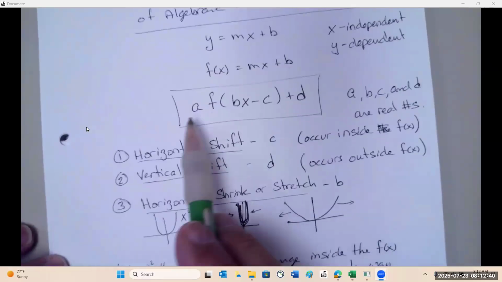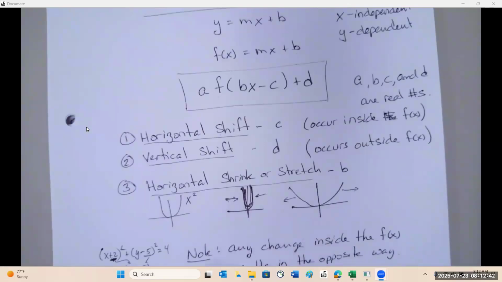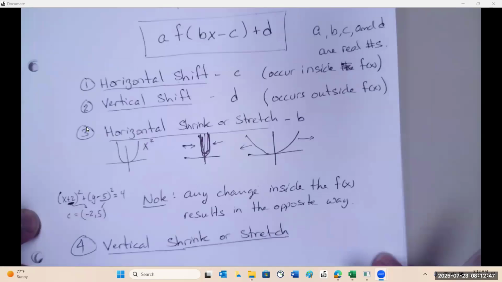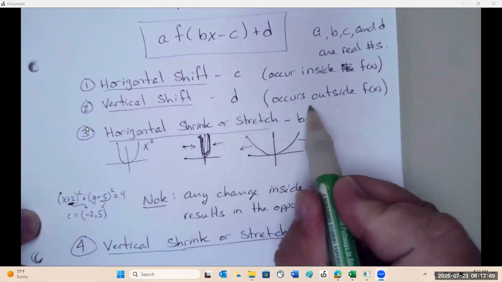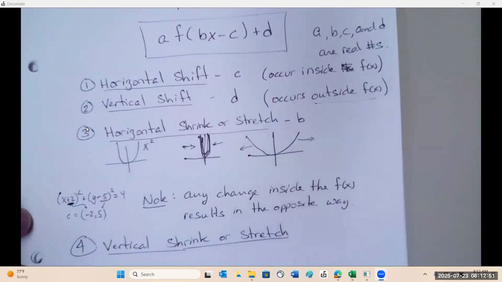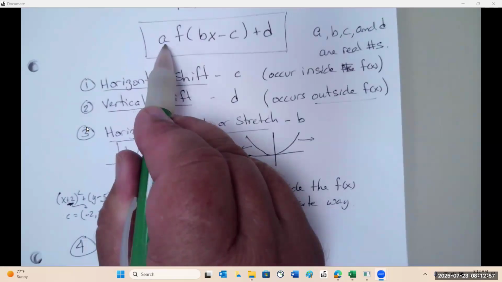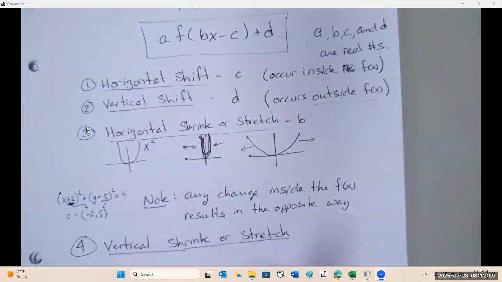Here's our function. If it's vertical, it happens outside the function. So any change to the function happens outside. So A is going to be our vertical change.